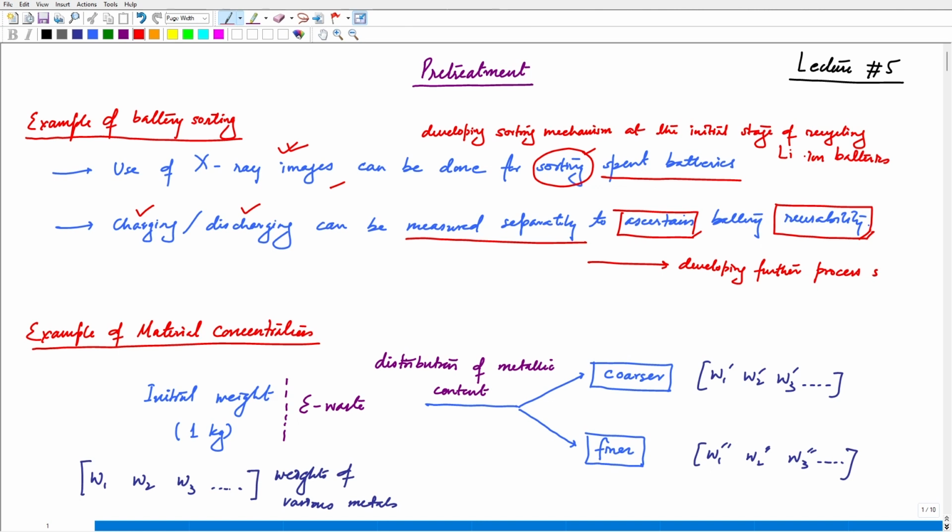Now, this could involve the use of pyrometallurgical route, hydrometallurgical route, or electrometallurgical route, that we will be discussing in the upcoming lectures.